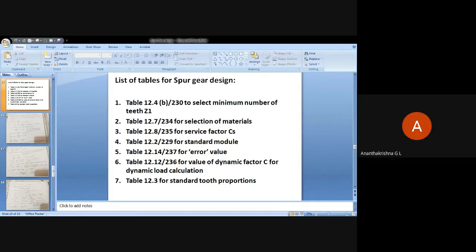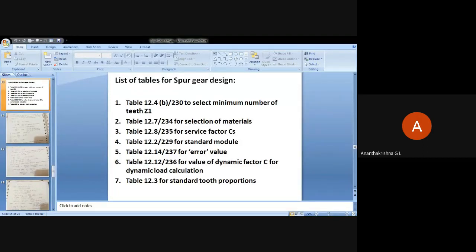Others, please try to understand. Suppose it is cast iron and steel 20 degree involute and error of 0.04, what is the value of dynamic factor C? 314.6. Excellent.